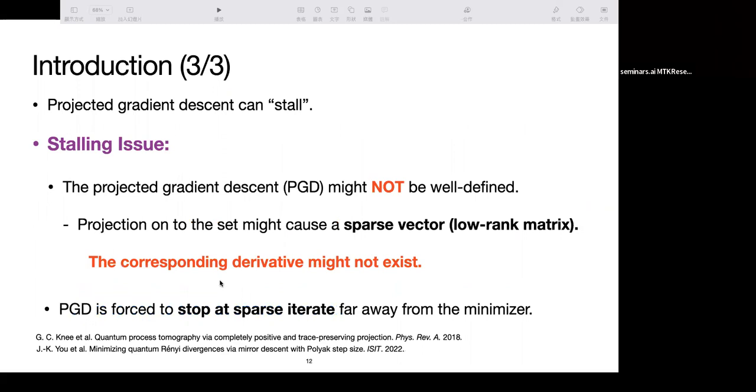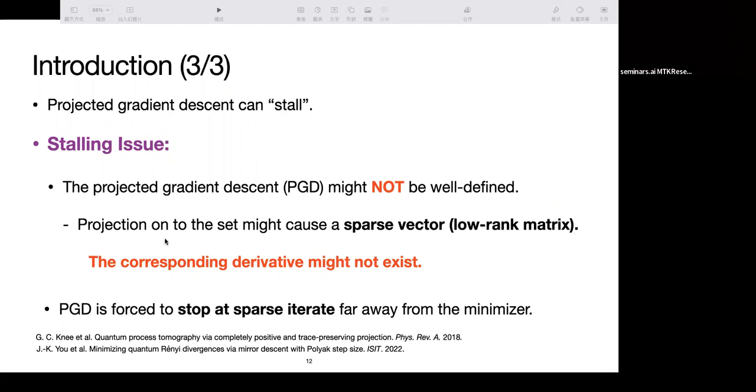And furthermore, the reason why we consider mirror descent instead of projective gradient descent is that projective gradient descent can stall. The word stall means that even if we use the projective gradient descent, arguably the simplest convex optimization algorithm, the algorithm might not be well defined.